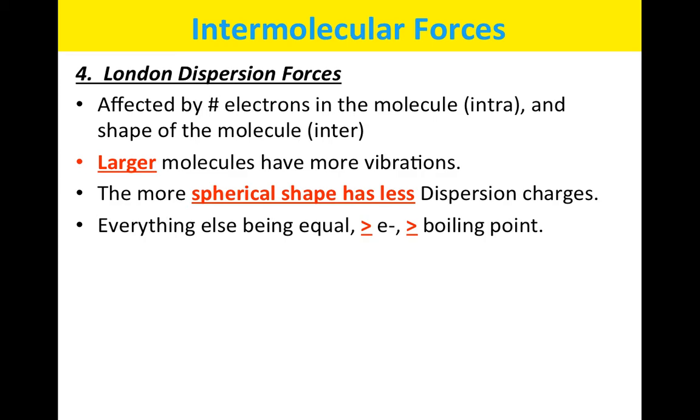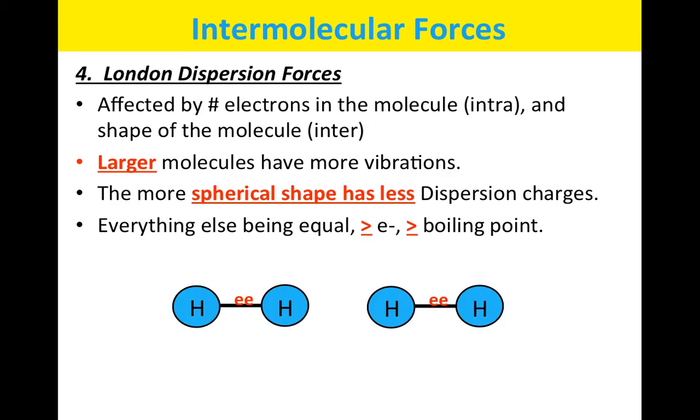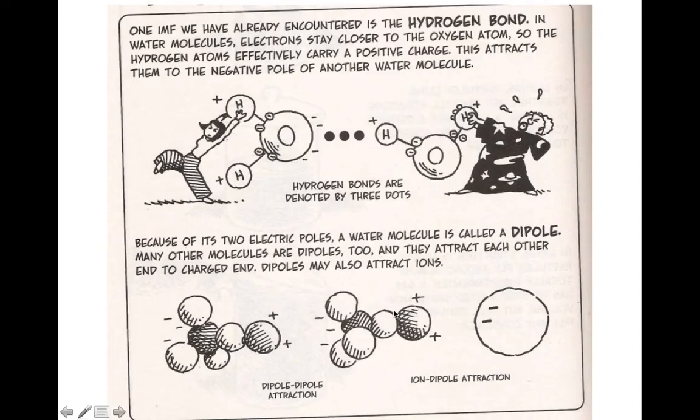So everything else being equal, the greater the number of electrons, the higher the boiling point. Okay, so you will have this sudden distortion of charge, causing this dipole. And this is called London dispersion forces. So now you will have this attraction between two molecules.